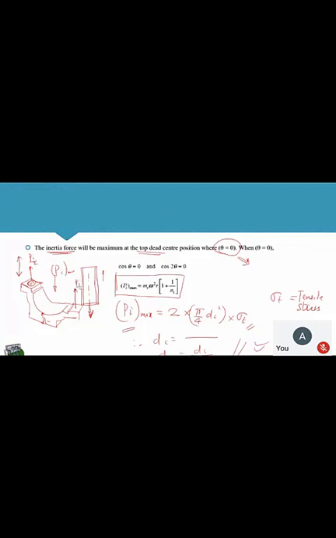So we consider this as a simply supported beam with Pi max as the load acting at the center, whereas Pi by 2 are the reactions at the two bolts.